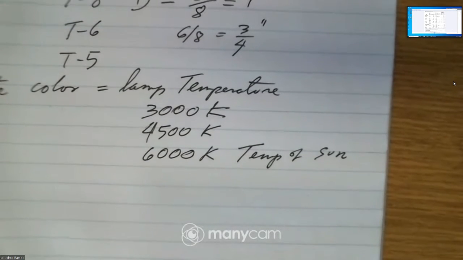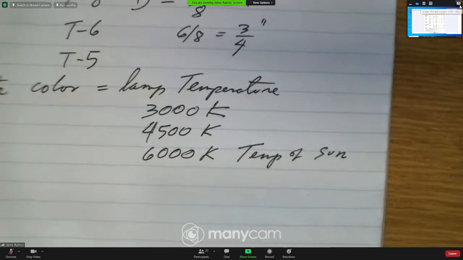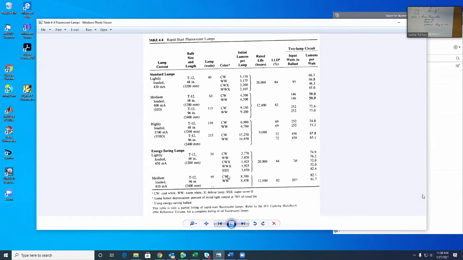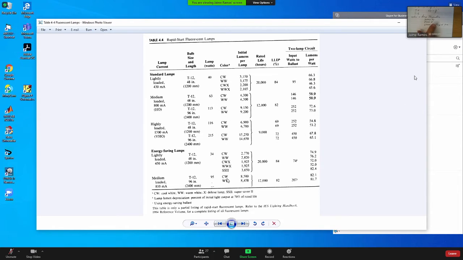The lumens per watt. Okay, look, CW, cool white, WW, warm white, deluxe lamp, super saver. So that's the color, and here we'll see that they are expressed in color temperature, like these numbers here.